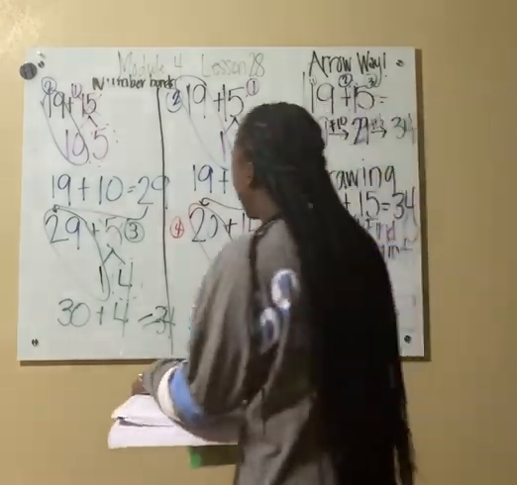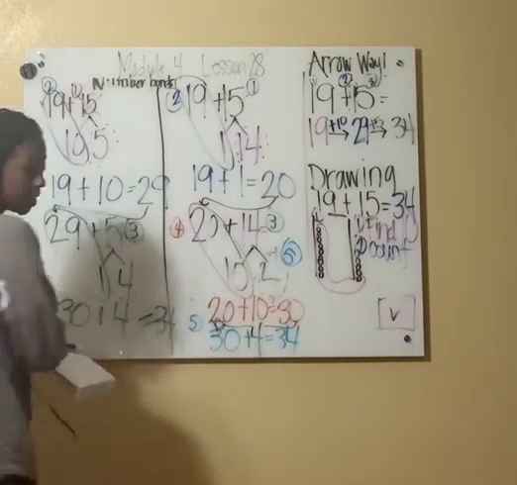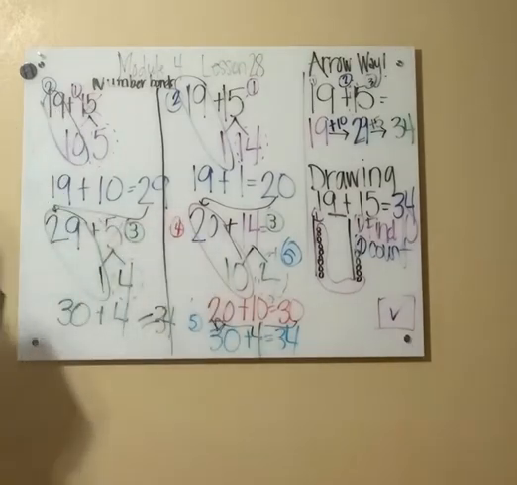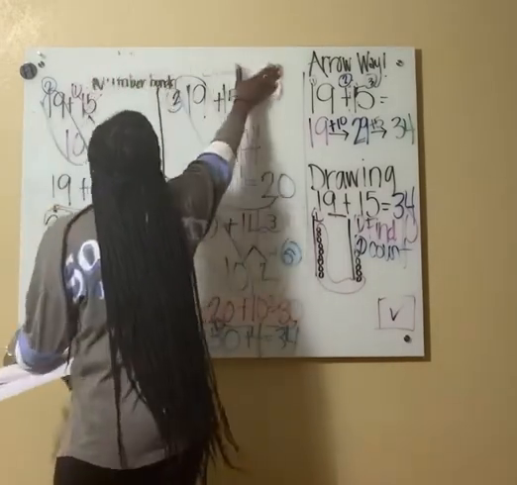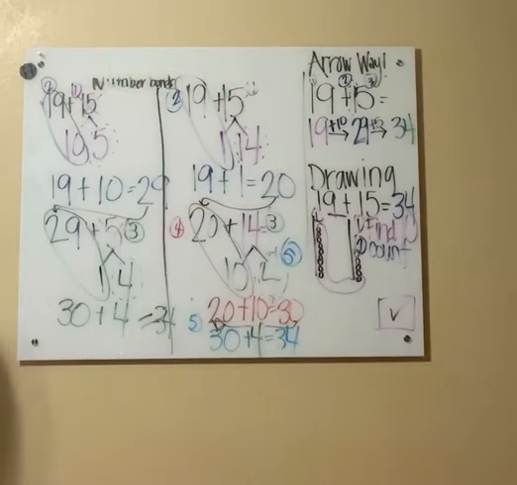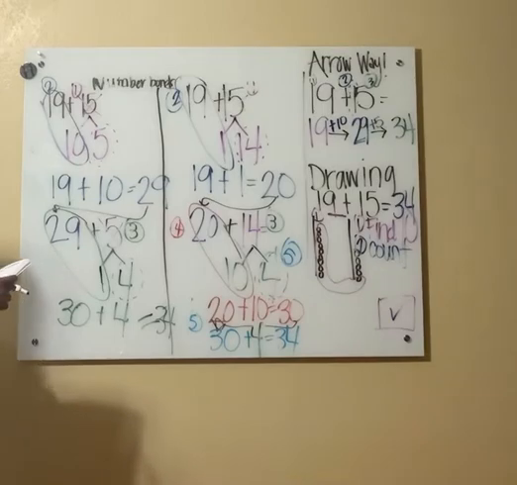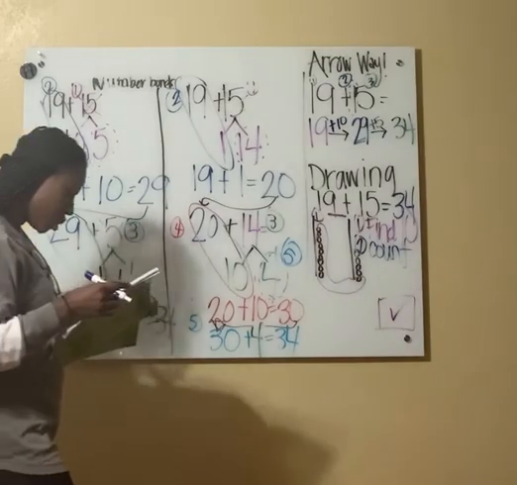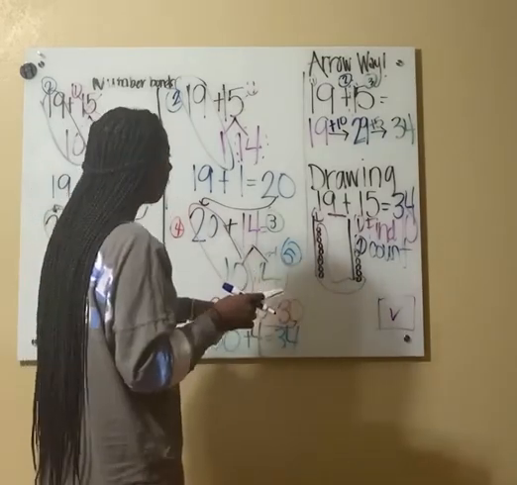So if I may, go ahead and give you the problems that you're going to do. For your number bonds, really the arrow way, just do 2A.